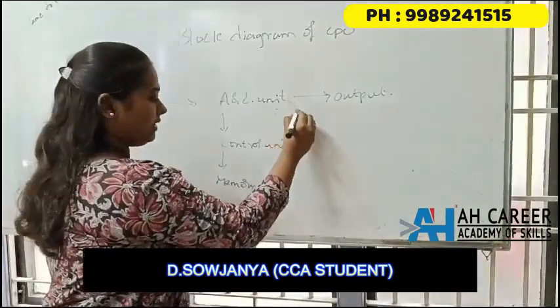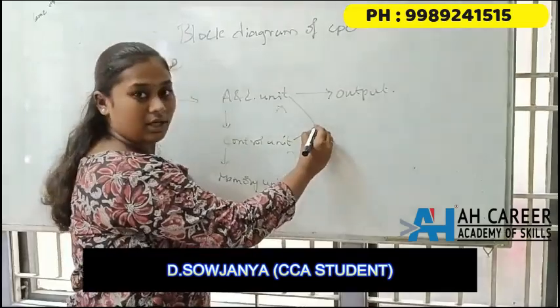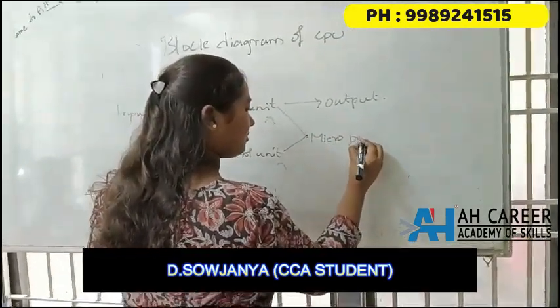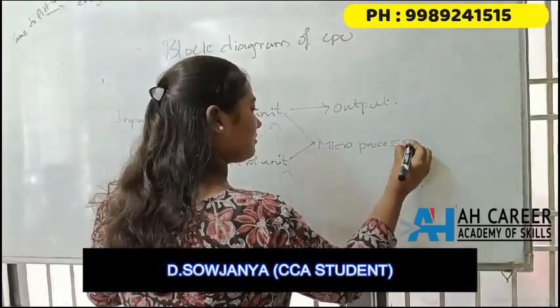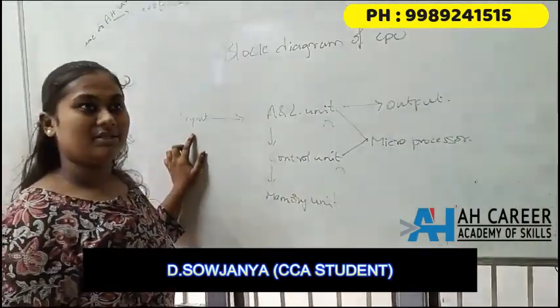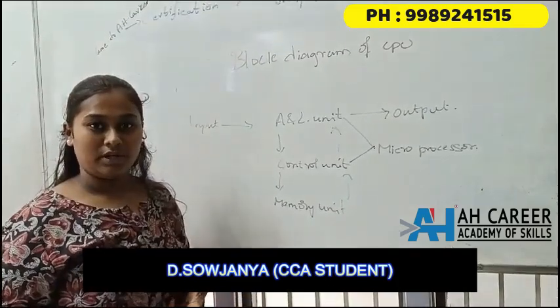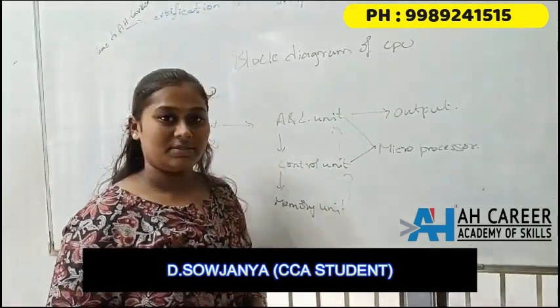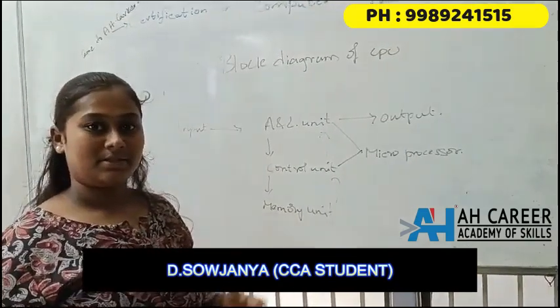Both the arithmetic logic unit and control unit are together called the microprocessor. Input devices are such as keyboard and mouse, and output devices are such as monitor, printer, and speaker.